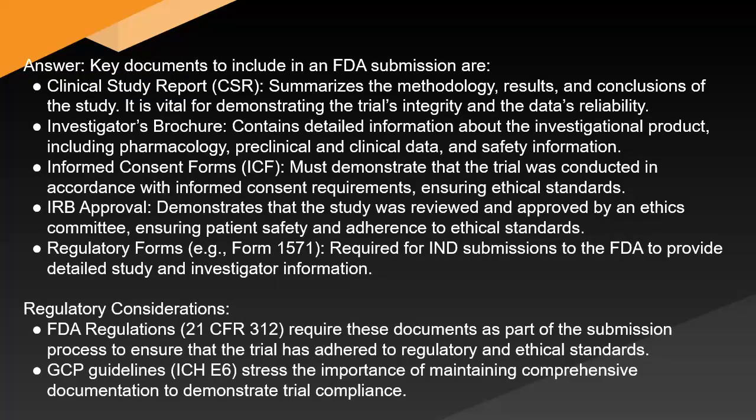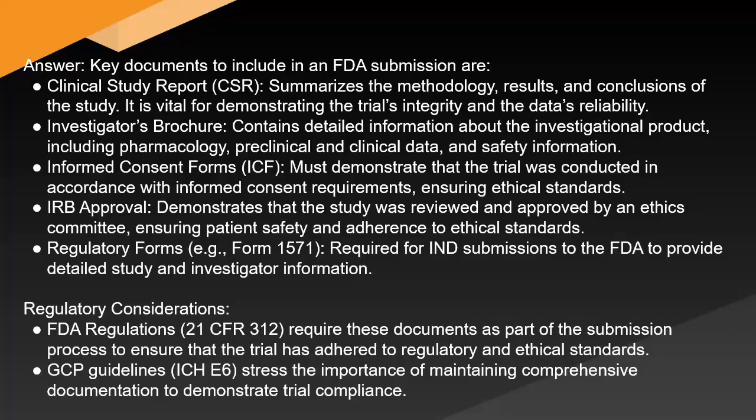Answer: key documents to include in an FDA submission are: The clinical study report (CSR) summarizes the methodology, results, and conclusions of the study. It is vital for demonstrating the trial's integrity and the data's reliability. The investigator's brochure contains detailed information about the investigational product, including pharmacology, preclinical and clinical data, and safety information.